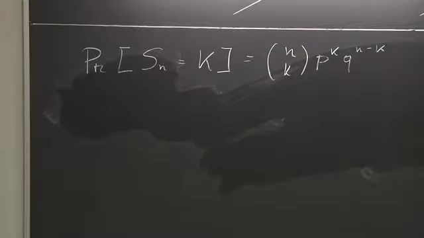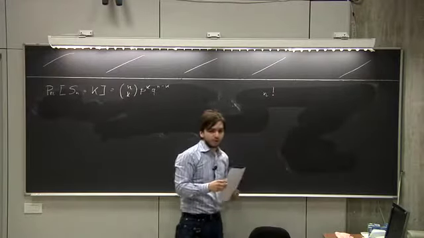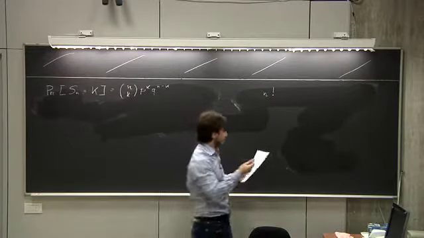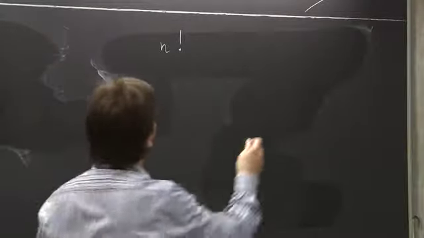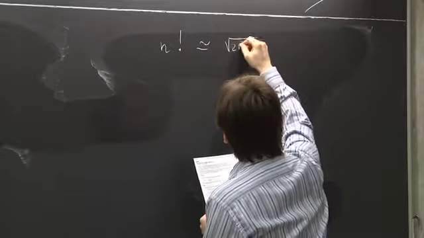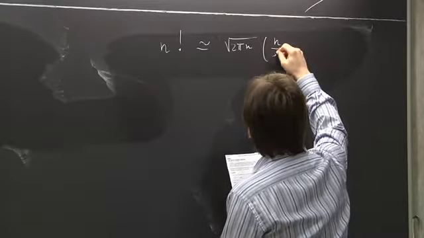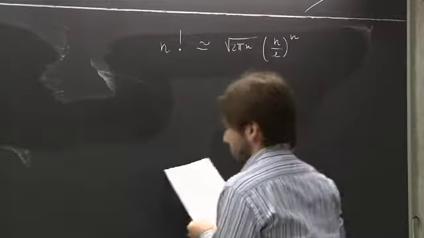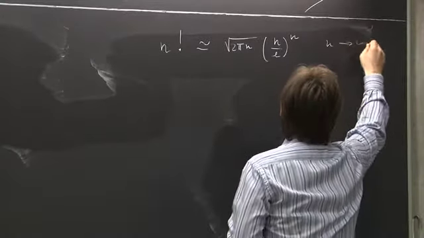So the first thing that you should know is this formula, which is called the Stirling approximation, a way of approximating factorials. This is true when n goes to infinity.